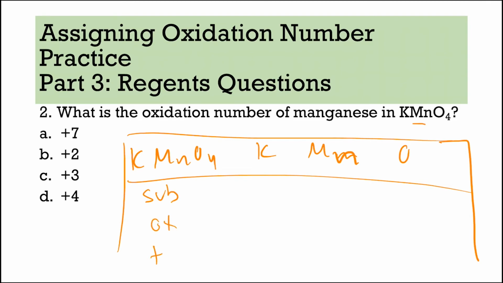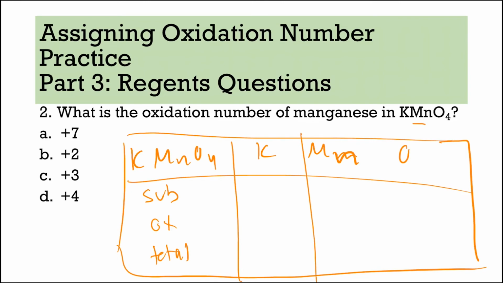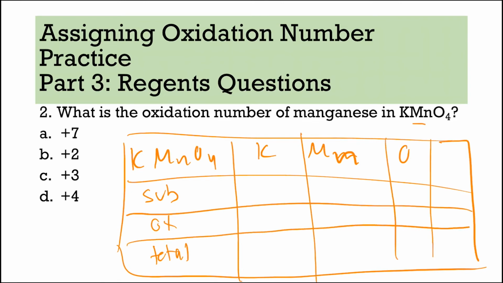Subscript, oxidation, total. Once you get more comfortable with this, you can skip the chart like I did for the first question, but it's up to you. So again, we know this is going to equal 0. We have 1 K, 1 Mn, and 4 O's. Mn has a bunch of options, so let's save that for last. O is negative 2.